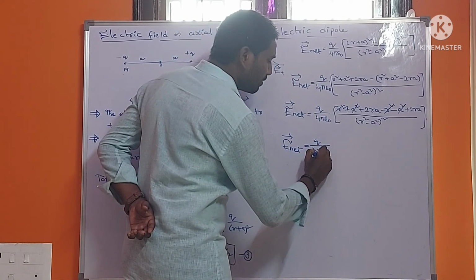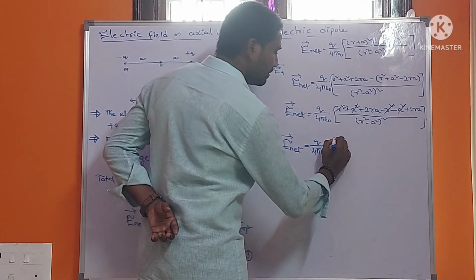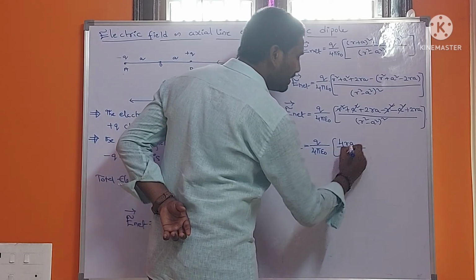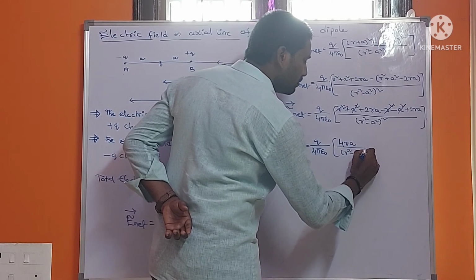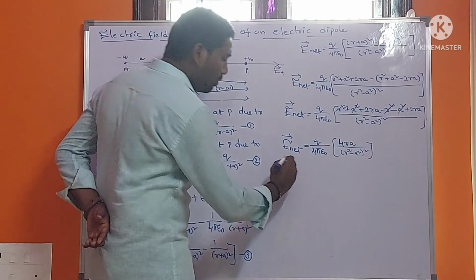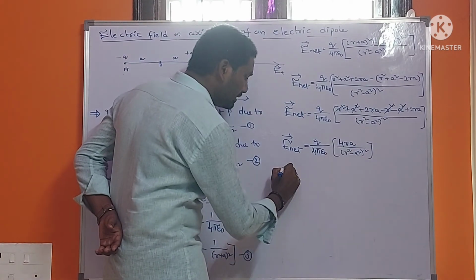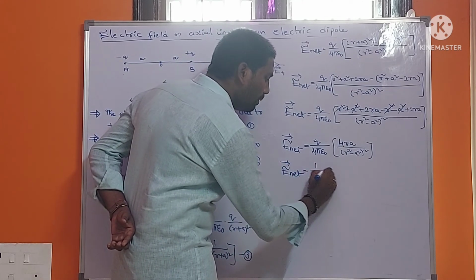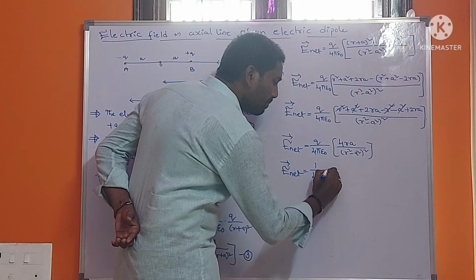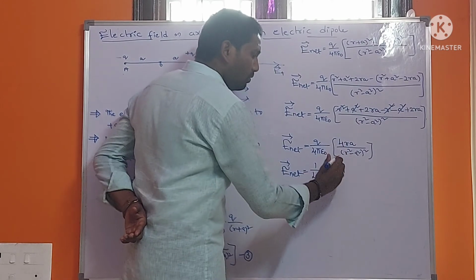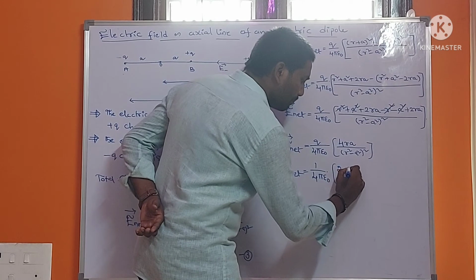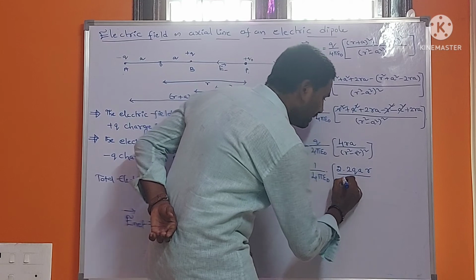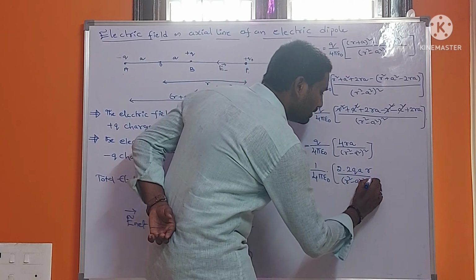The remaining term, E net is equal to Q by 4 pi epsilon naught, 2RA plus 2RA, that is 4RA by R square minus A square whole square. Okay, now again rewrite the above equation. E net is equal to 1 by 4 pi epsilon naught. This is the 4. I am writing the 2 into 2QA, remaining term is the R, by R square minus A square whole square.